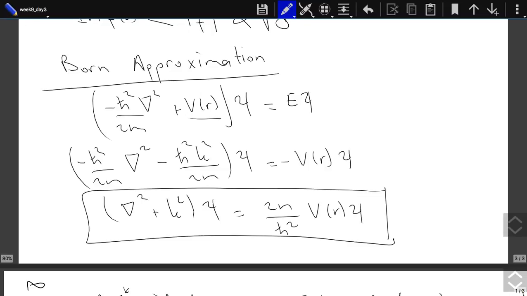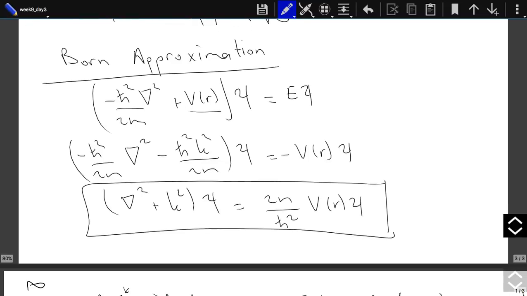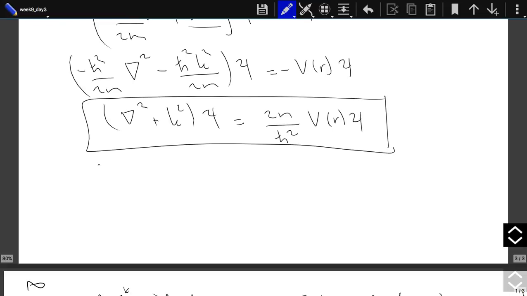Now we can convert this to an integral equation rather than a differential one if we can find the solution of this equation, with Dirac delta of r minus r prime on the right side.